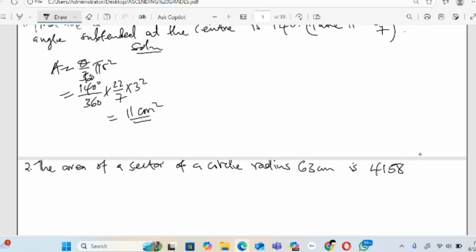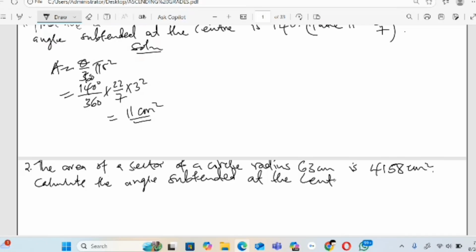So this one we are given the area and they're asking you to calculate the angle subtended at the center of the circle.